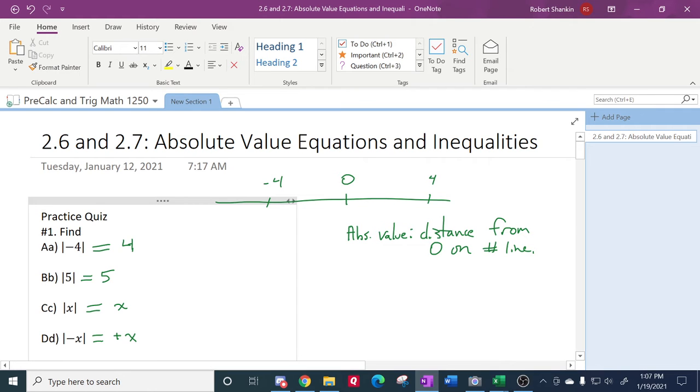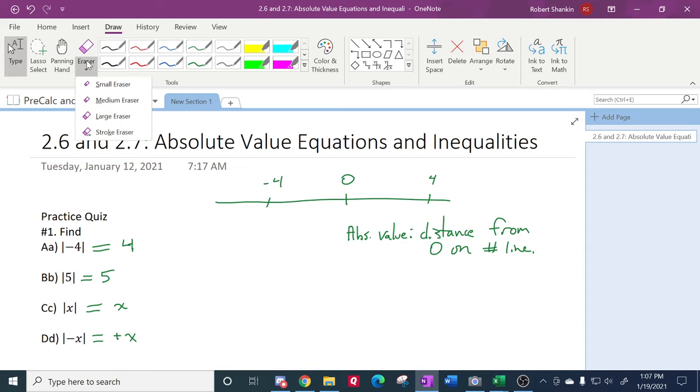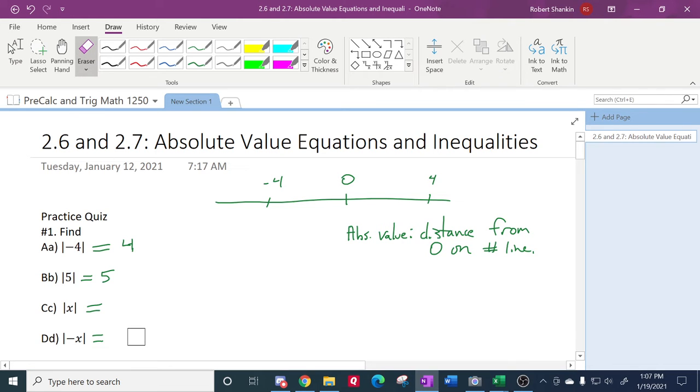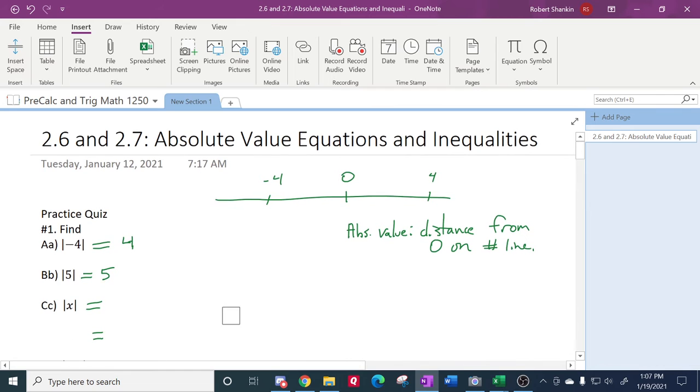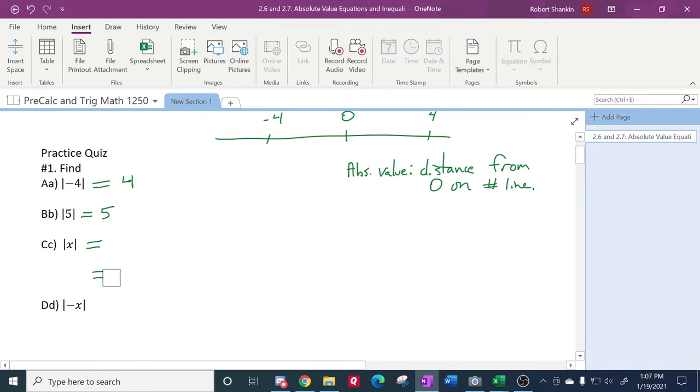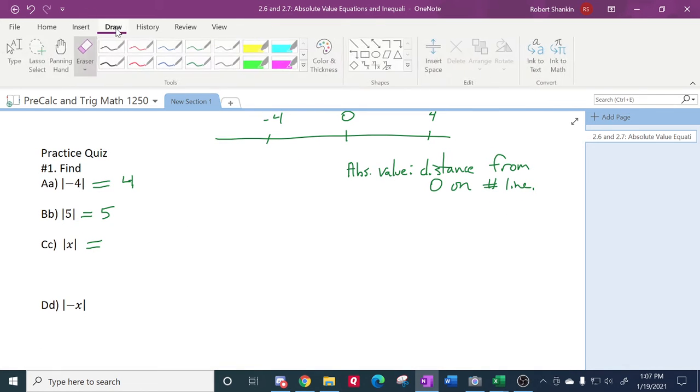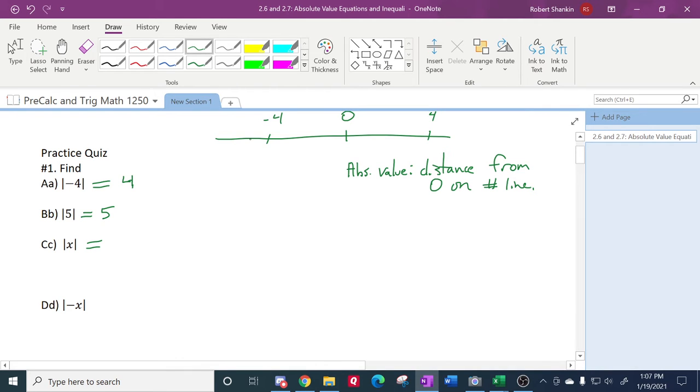All right, so these things, what we have here, are wrong. It's natural to want to put them like this, but they're wrong. Let me fix it. So what it should be is this.